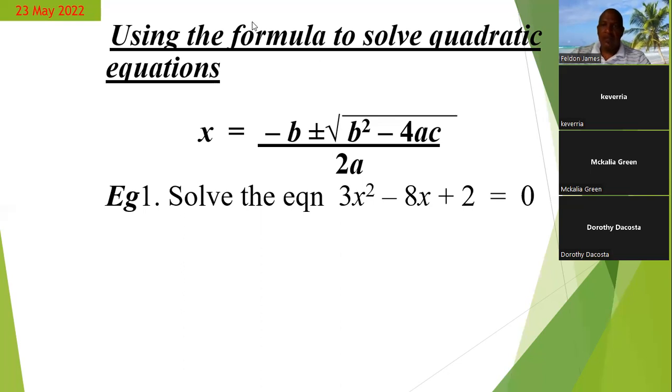From the question, you would have to determine what A, B, and C would be. The 3 in front of the x squared would be the A. So A is the number in front of the x squared.